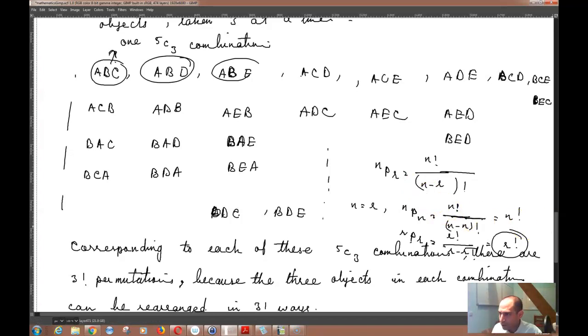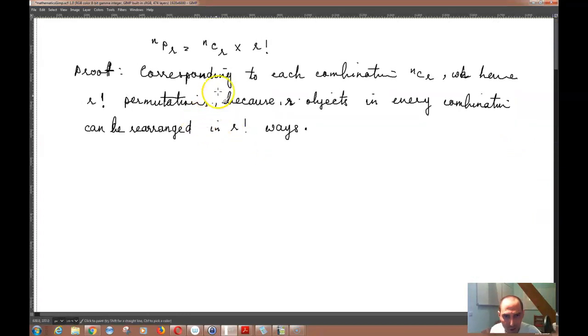So corresponding to each combination n combination R, we have R factorial permutations, because R objects in every combination can be arranged in R factorial ways. It's very clear, very simple to understand.